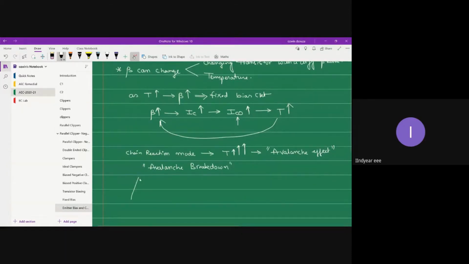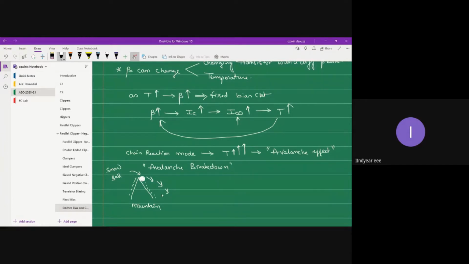Let's say this is a mountain, and let's say this mountain is covered with ice. Now what happens in avalanche effect is that if you roll a small snowball from the hilltop, as it starts coming down, it starts collecting more and more ice.